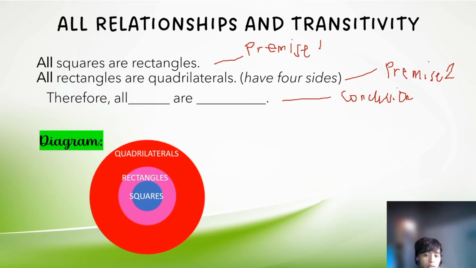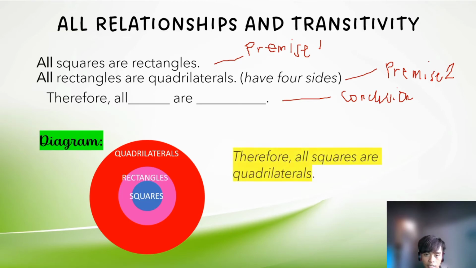As you can see on my diagram, the squares are found inside the rectangles, and the rectangles are found inside the quadrilaterals. Therefore, all of these squares are quadrilaterals. So all of the quantifiers, should I say, have been found in quadrilaterals. So therefore, all squares are quadrilaterals.